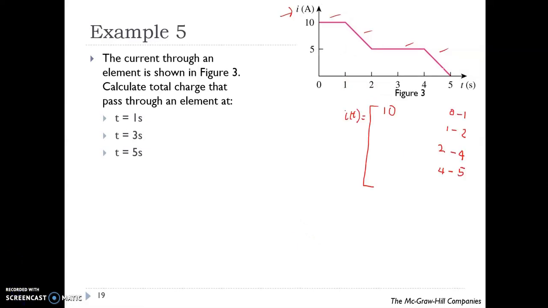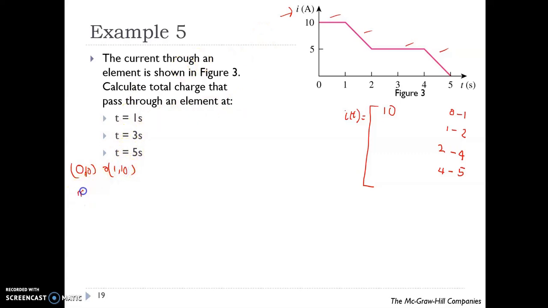But if you need to verify, you just write the y equals mx plus c equation. So in this case, let's take the points 0, 10 here, and 1, 10.